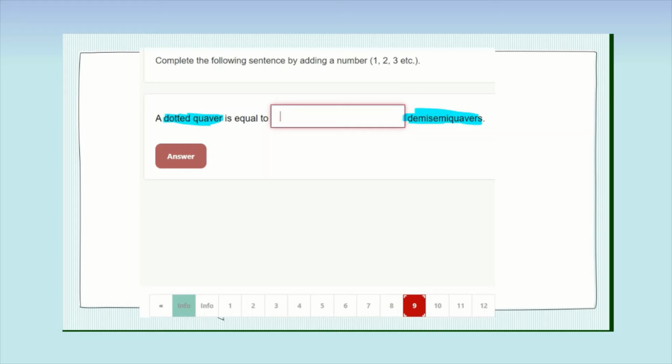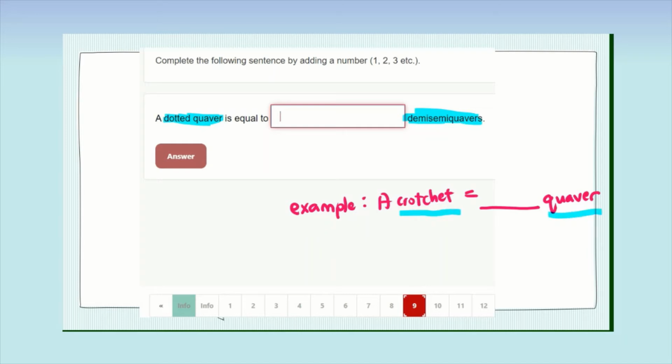Remember? Let me give you an example. I'm not doing this question for you. For example, a crotchet is equal to how many quavers? If we are given this question, the first keyword we know is crotchet, and the next keyword is quaver.